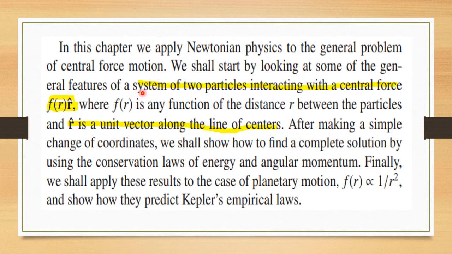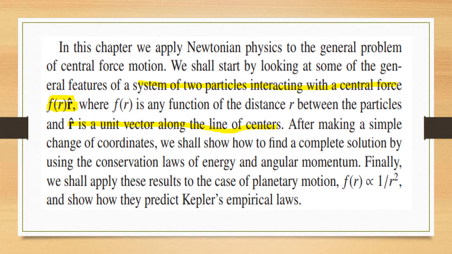So the general features of the system of two particles interacting with a central force f(r) r-hat, where f(r) is a function of the distance r between the particles and r-hat is the unit vector along the line of the centers. So these are the features of our central force.